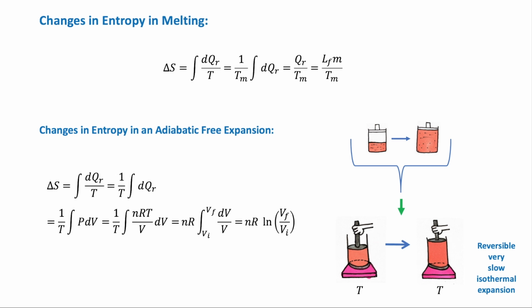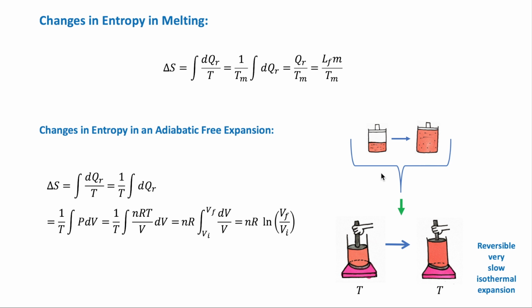So let's now calculate the change in entropy in a free adiabatic expansion of an ideal gas. We know that this process is irreversible. And since the walls of the container are thermally insulating, no heat is transferred to the gas, and we have Q equal to 0 and W also equal to 0.